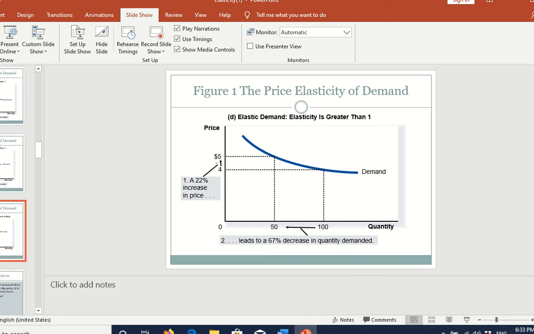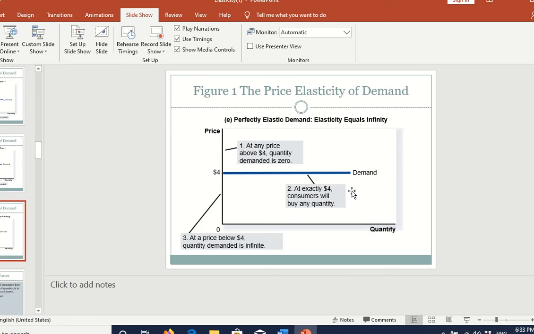And then we have the last case, perfectly elastic demand. You can see that at the price of $4, the buyers can buy any quantity. However, when the price goes a tiny little bit above $4, the quantity demanded becomes 0.